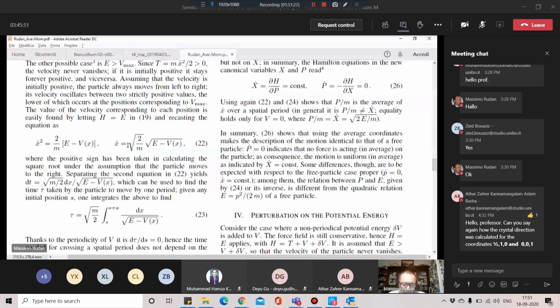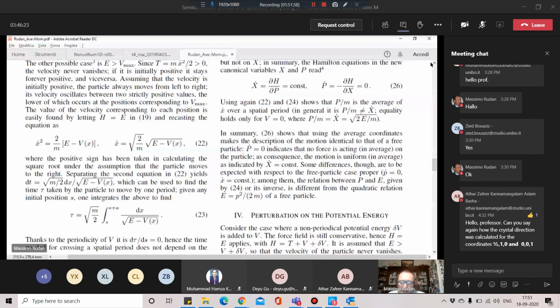That means that there are two possible momenta, one positive and one negative, and also two average momenta. So that means that two opposite values of the average momentum correspond to the same energy. And that means that energy is even with respect to momentum. Okay?